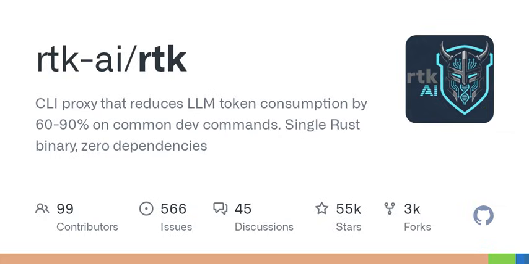Installation: 1. Homebrew, recommended on macOS: brew install rtk. 2. Quick install for Linux or macOS: curl -fsSL https://raw.githubusercontent.com/rtk-ai/rtk/refs/heads/master/install.sh.